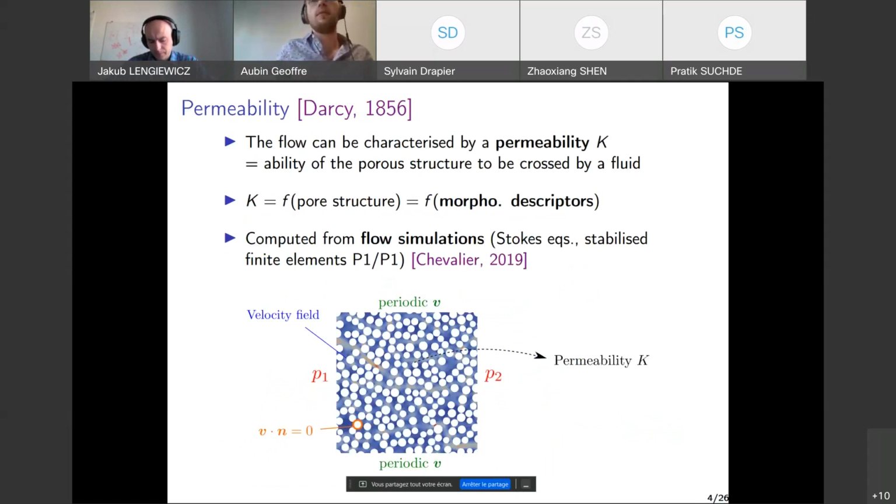So permeability has to be considered as a function of the morphological descriptors introduced before. To compute it, we perform flow simulation within a finite element framework based on an in-house implementation. By post-processing the results, we can retrieve permeability.